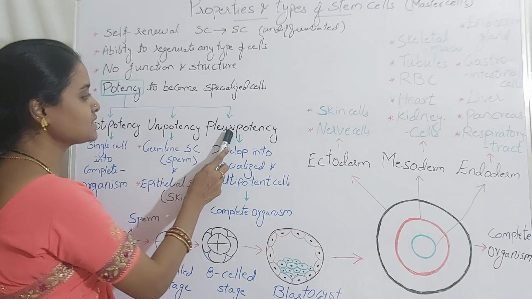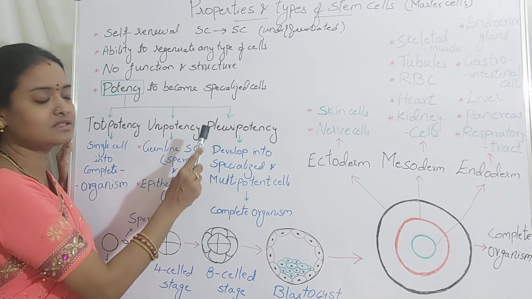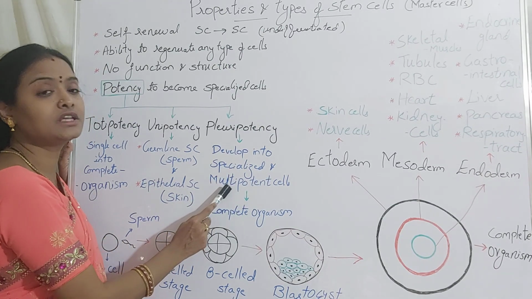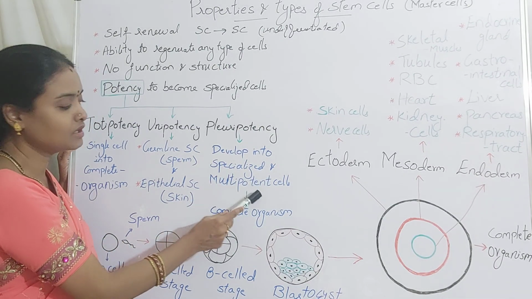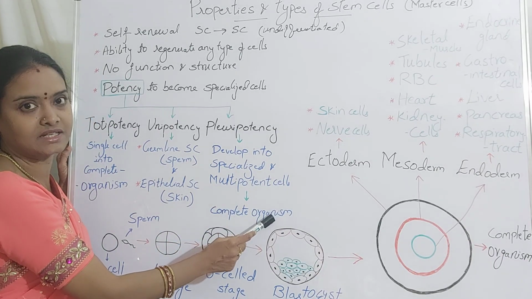So pluripotency is the ability of the cell to develop into specialized and multipotent cells, which in turn will result in the formation of a complete organism.